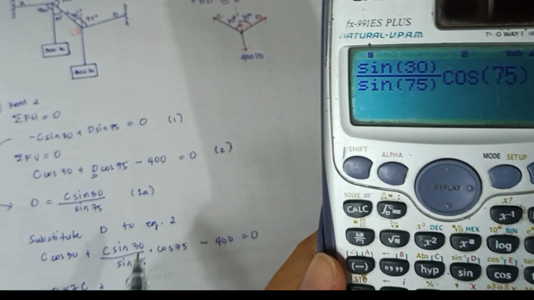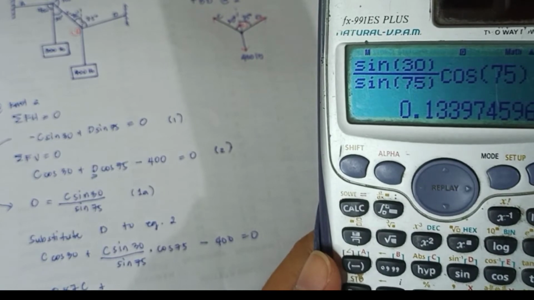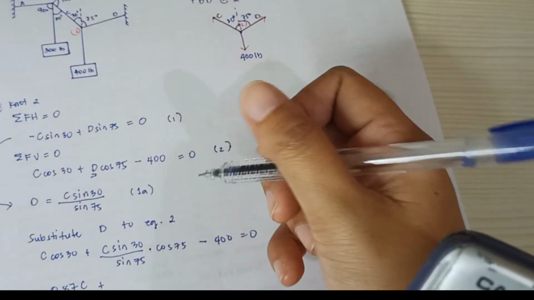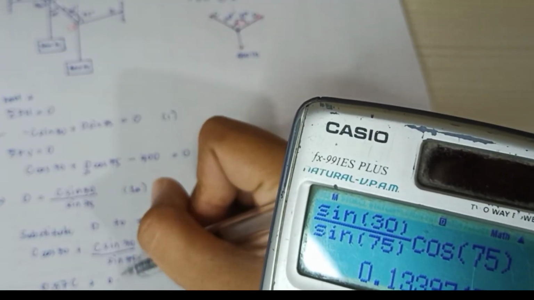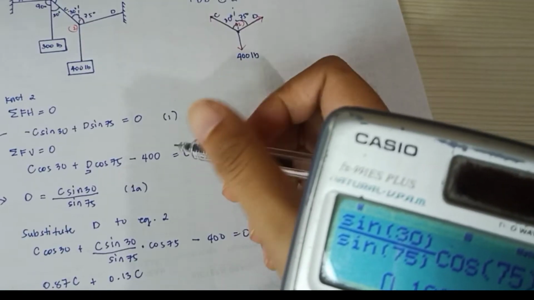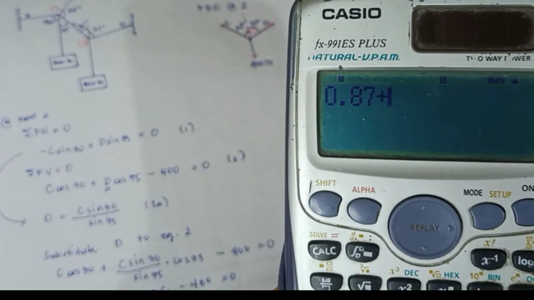So, sine 30 galing dito. 0.13 C minus 400. So, let's collect similar terms. 0.87 plus 0.13, 1.